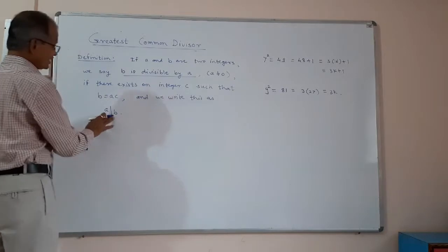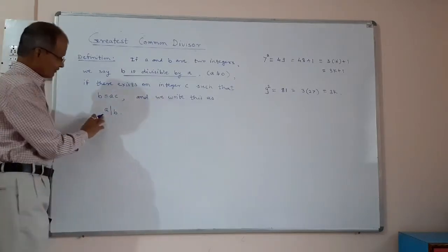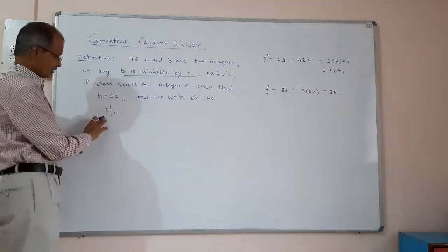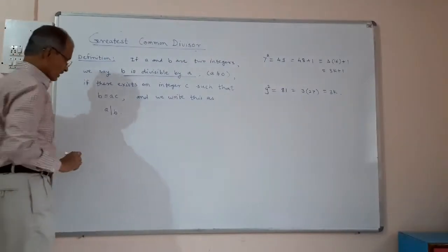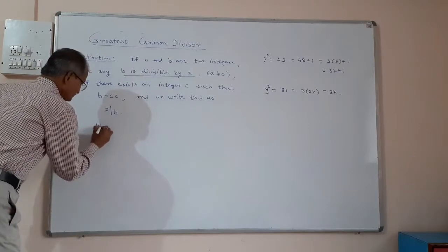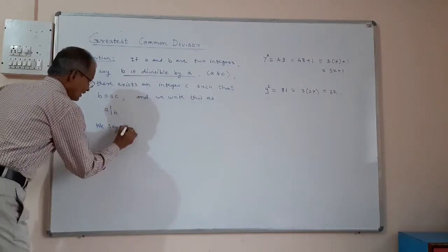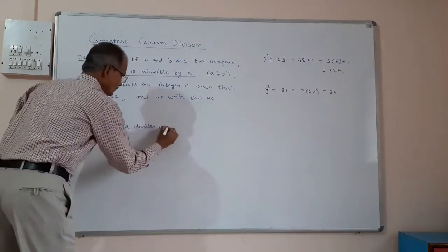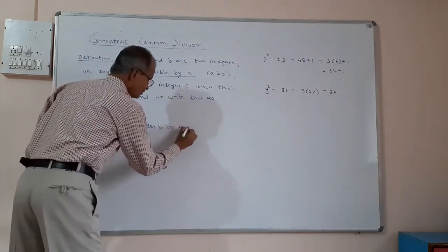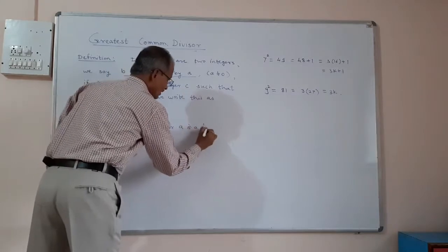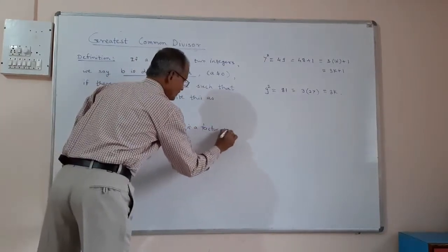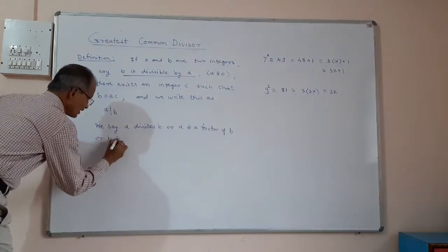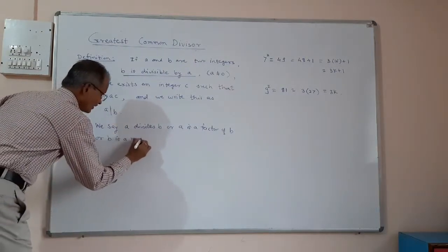Now there are different ways of saying this. A divides b, or b is divisible by a, or a is a factor of b. We say a divides b, or a is a factor of b, or b is a multiple of a.